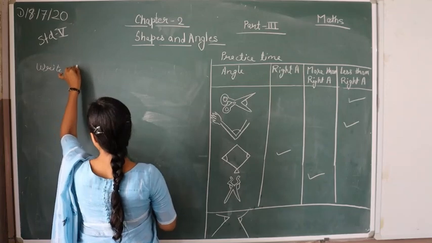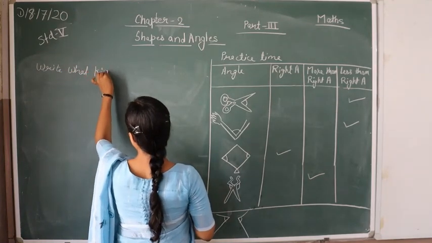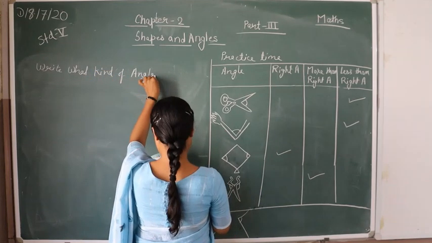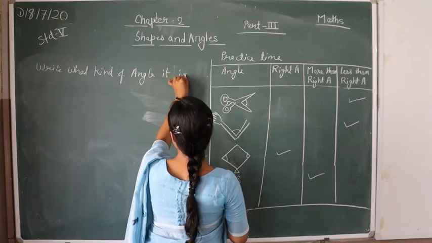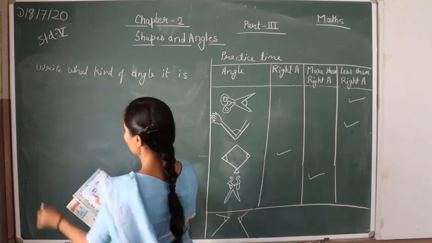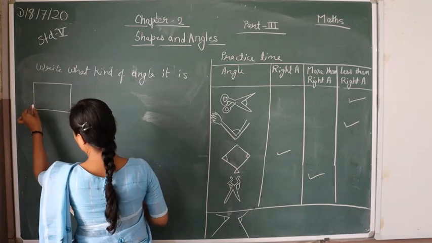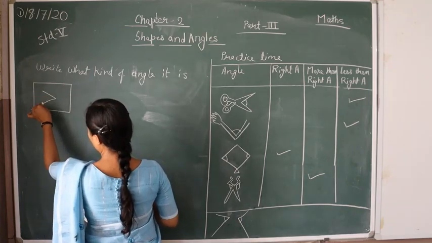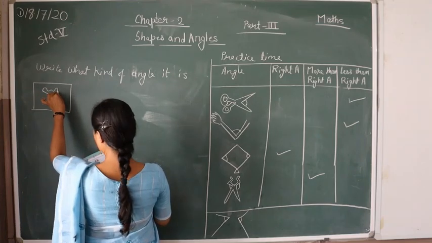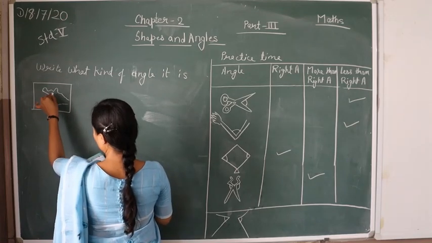Write what kind of angle it is. Okay, so the first one is, I'll draw here a shape of a crocodile, or we can say an alligator, which you know.